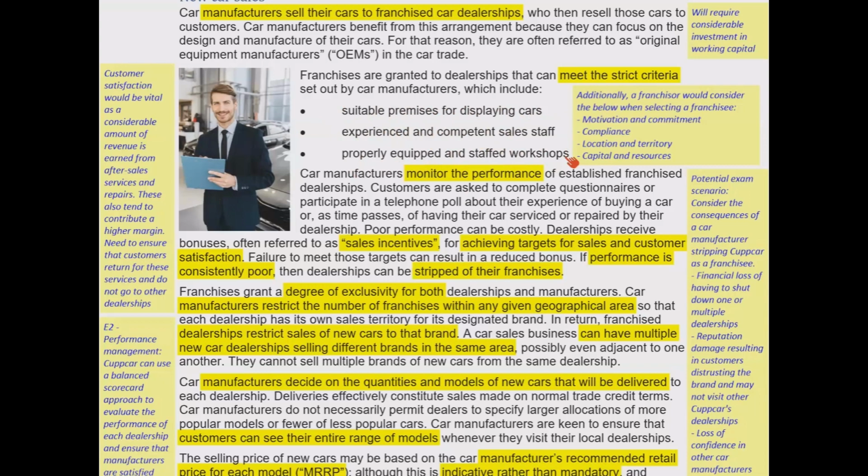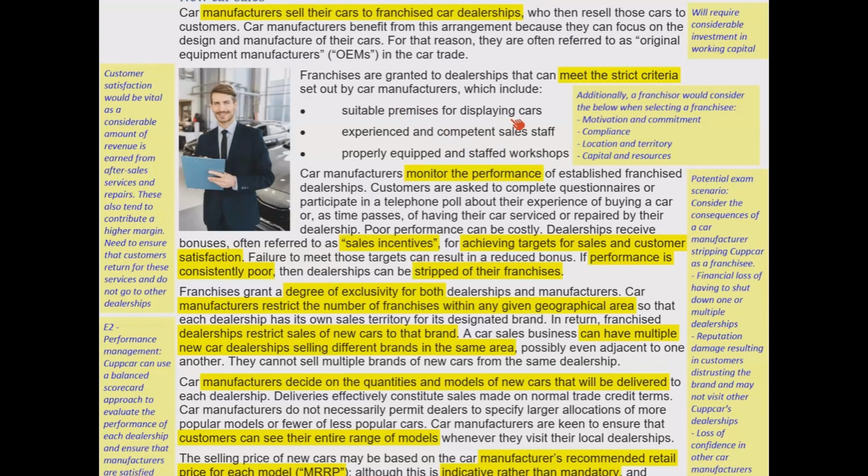Now, what if in the exam there is a suggestion of something that Cuppcar could do, but that might actually have a negative impact on the premises? Perhaps they're thinking of closing some of those 214 specific dealerships in Welland and centralizing what they do in perhaps only 150. Well, would they still have suitable premises for displaying the cars in the eyes of the car manufacturer?